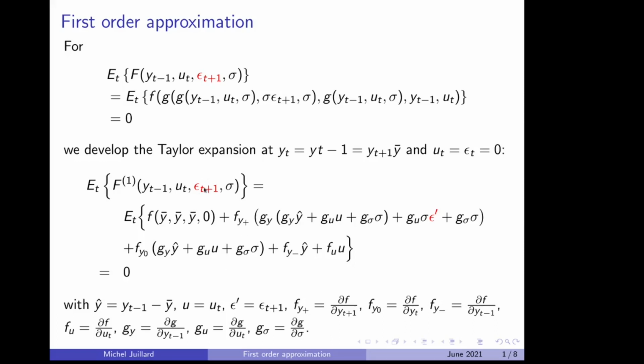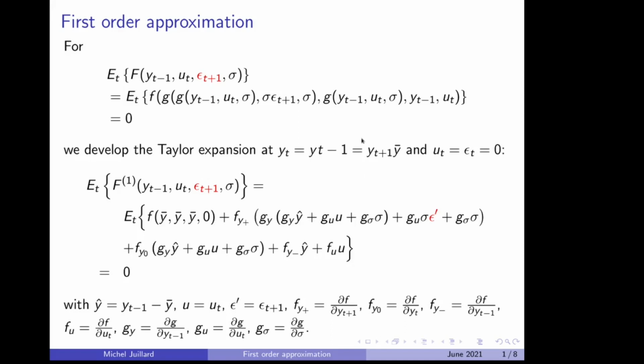Then to unfold the Taylor expansion, because we are dealing with a combination of functions, we have products of partial Jacobians. So for the derivative with respect to the future variable, we have fy plus times gy y hat plus gu times u plus g sigma times sigma plus gu sigma, the auxiliary shock in the next period, plus g sigma sigma.